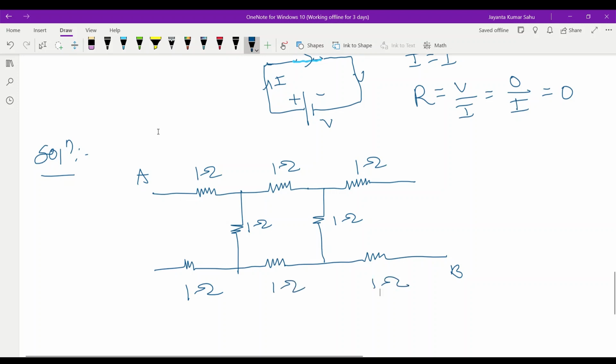Now current I starts from terminal A. Let at this point the current is divided, let here I1 is flowing, here I2 is flowing.